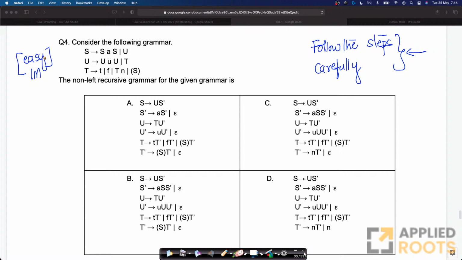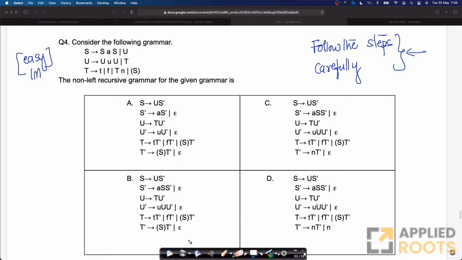Again, just follow the steps. I think almost everybody got it right, which is good. Everybody who put their answer in the chat window, I think, got it right. Very good, very good.